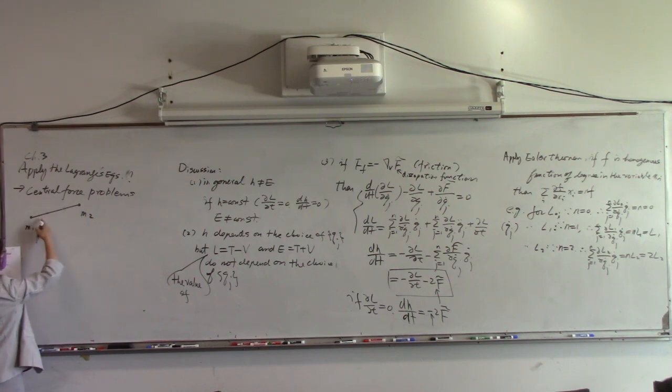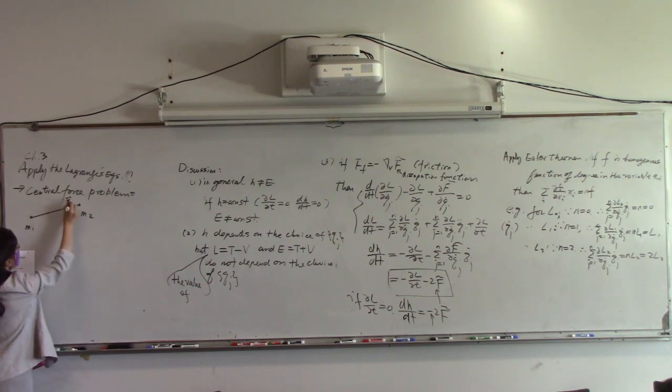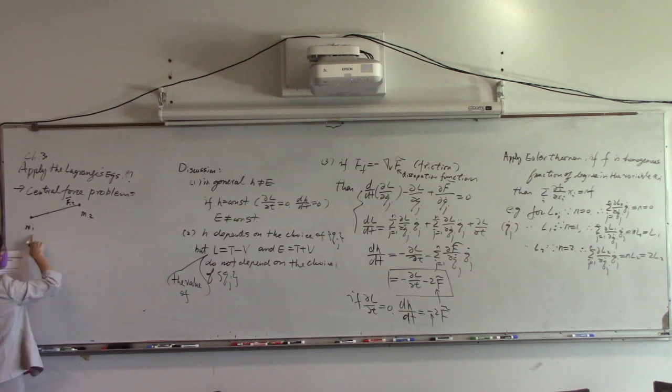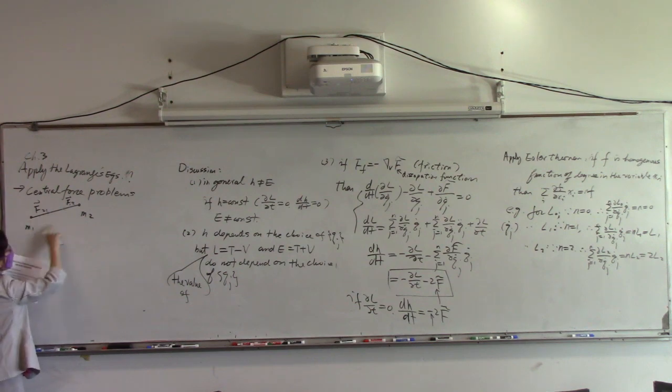If I say that is F12, that is particle 1 exerting force on 2. If it is attractive, particle 2 will move in this direction. This is F1. Particle 2 exerts force on particle 1, so it tries to attract particle 1 to go in this direction.